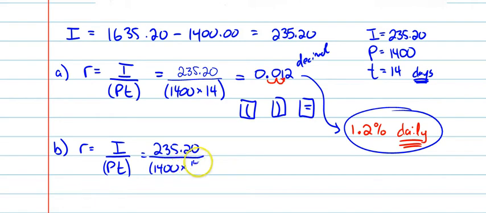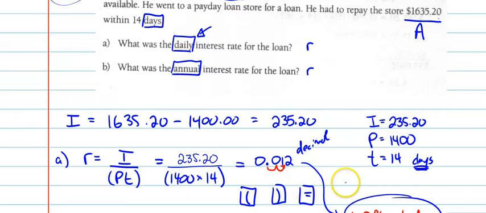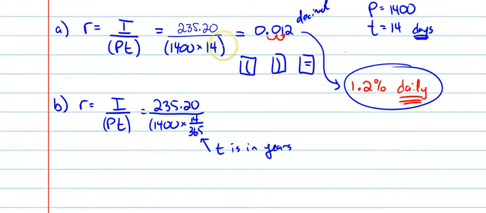Now we are going to divide that by 365 so that our T is in years, so that it can match the question being annually. So again, now I'm going to tell you exactly how to put it in your calculator. I'm going to write this one right out for you.